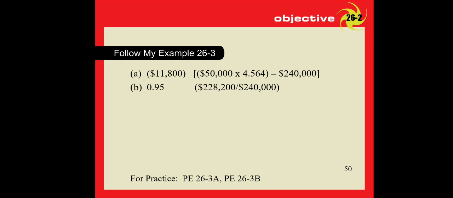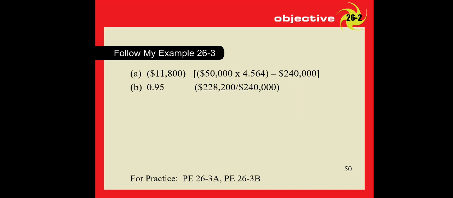And then the second thing that the question asks is to calculate the present value index. So you have to remember the formula. The present value index is 228,200 divided by the initial investment 240,000. That 228,200 is coming from the initial outflow plus the net present value.